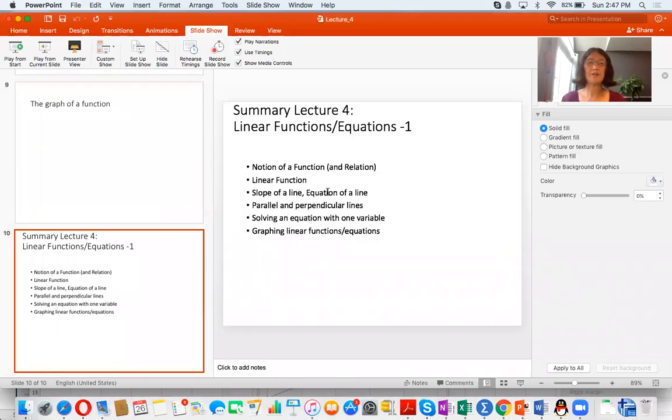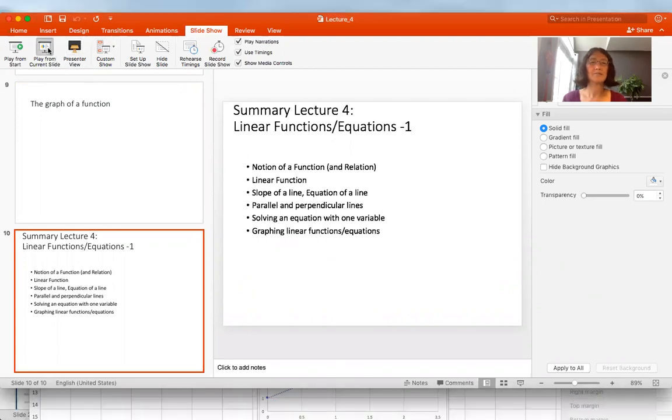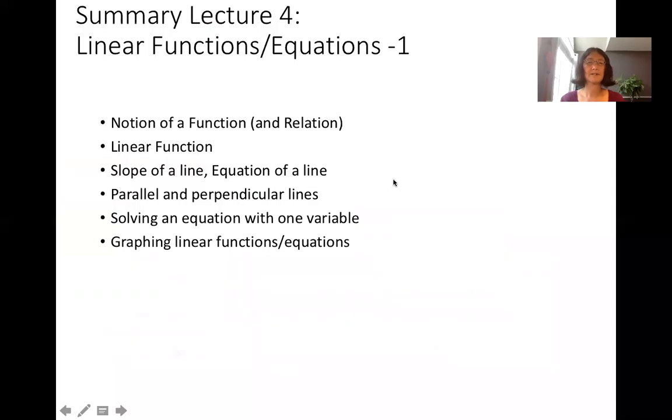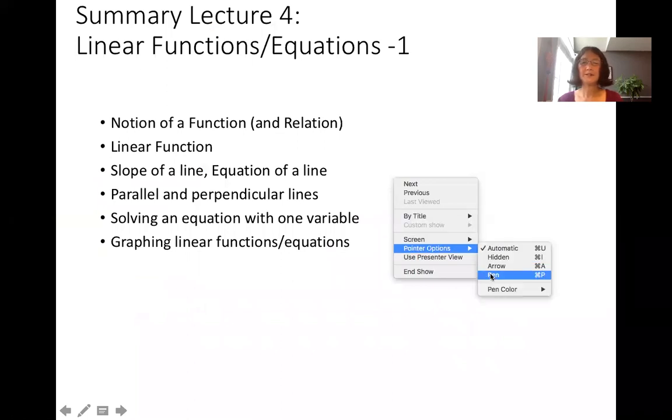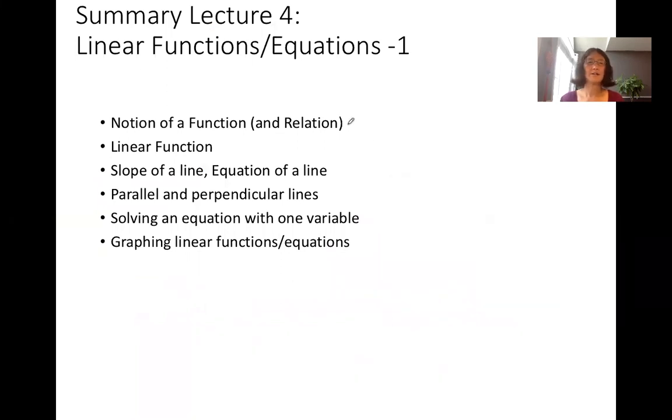So in summary, what we learned in this lecture: we have the notation of function y equal to f(x). A function is just a special situation of relation.